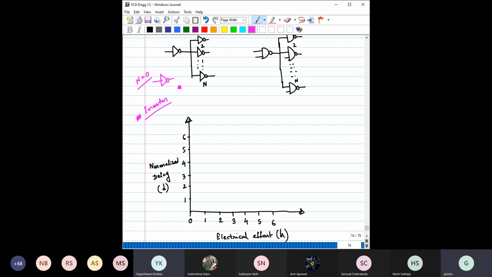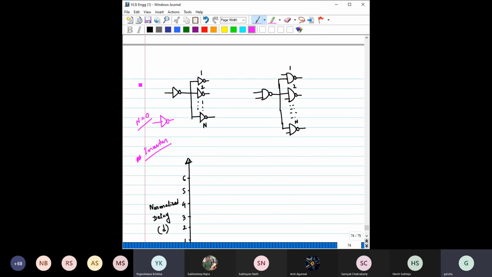So this single inverter, when it is not driving any gate, then as per this equation, D is equal to P plus GH, right? H is equal to 0, so this term becomes 0. So D becomes equal to P, right?